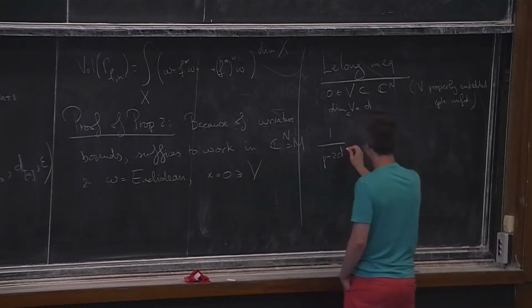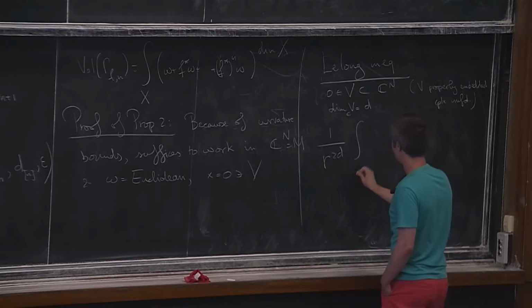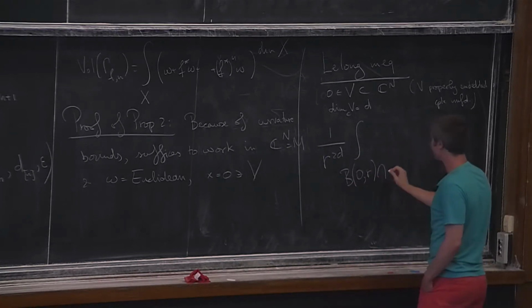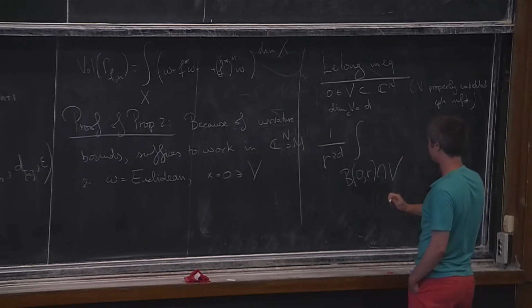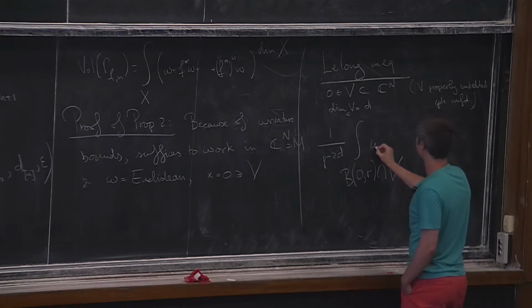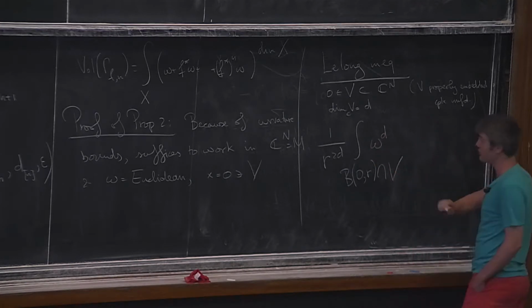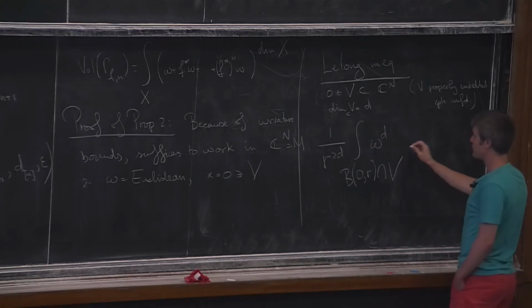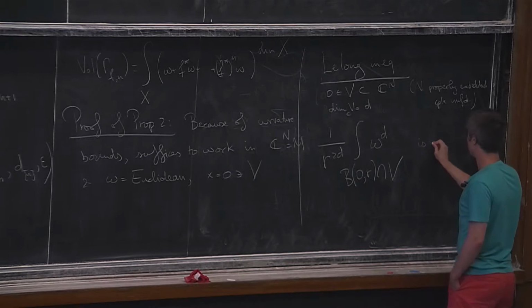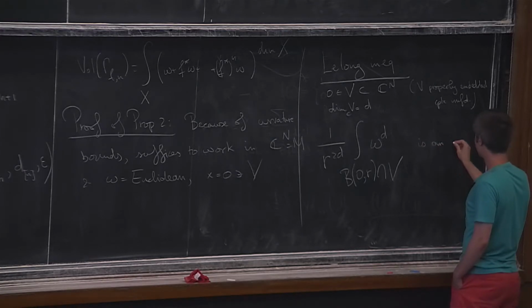So then if we consider the volume of this manifold in the ball of radius r, so let me call it the integral of omega to the d. This is what the volume is. So this is a function of r. So the claim is that it is an increasing function of r.